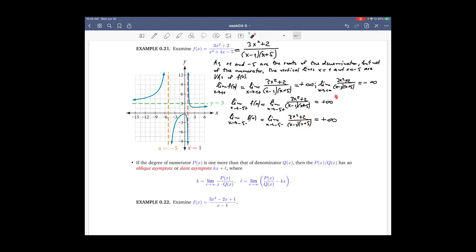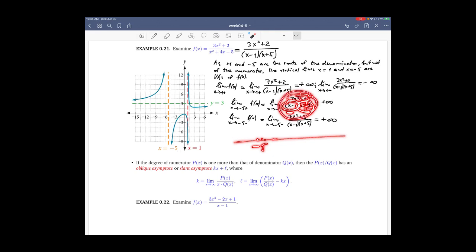Let's check the previous answer. X is greater than -5, so x plus 5 is positive, this is roughly -6, so this is negative. This is positive.